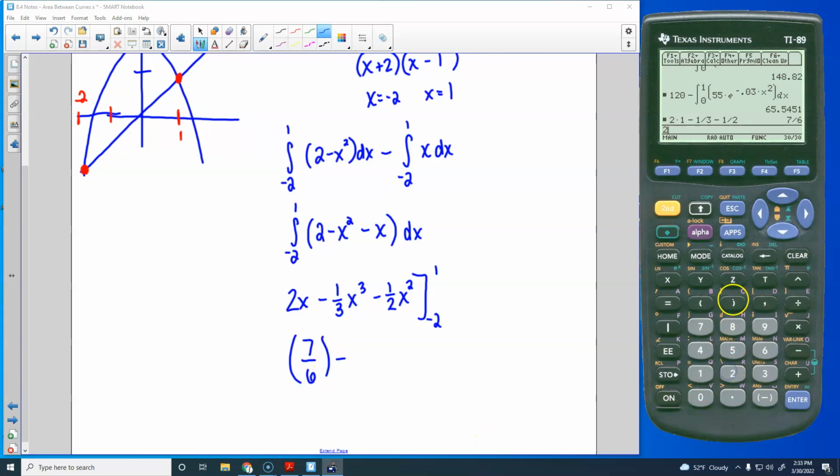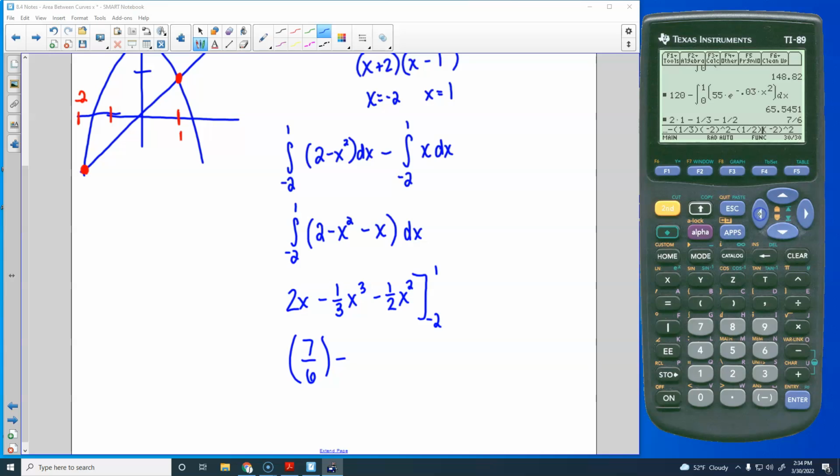You can do it all at once, it's just really easy to mess up the parentheses if you do it all at once. So, I messed it up.